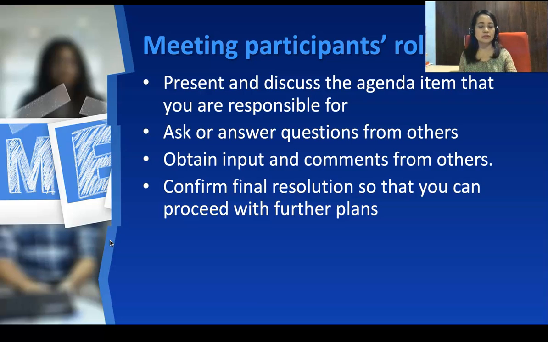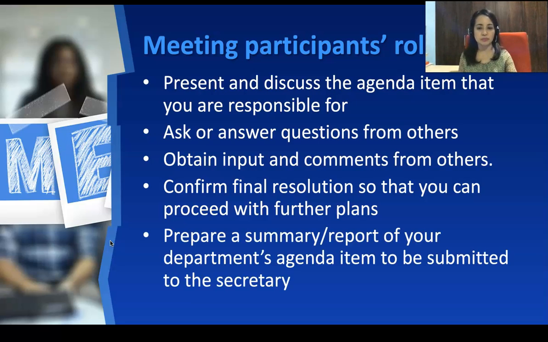You will also need to confirm the final resolution or the decision to your meeting so that you can proceed with further plans, especially those related to your department. And finally, please prepare a summary or a report of your department's agenda item to be submitted to the secretary for further compilation.